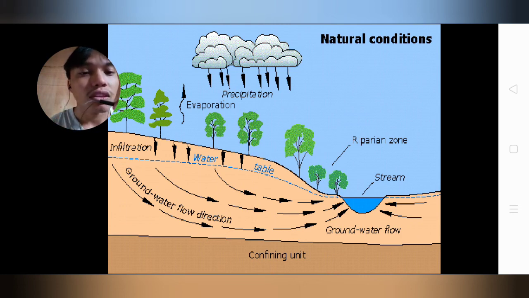Based on the image, the groundwater will flow towards the stream, and the stream is the discharge point. The recharge point is where the water infiltrates into the ground, and the discharge point is where the water flows out into the stream.